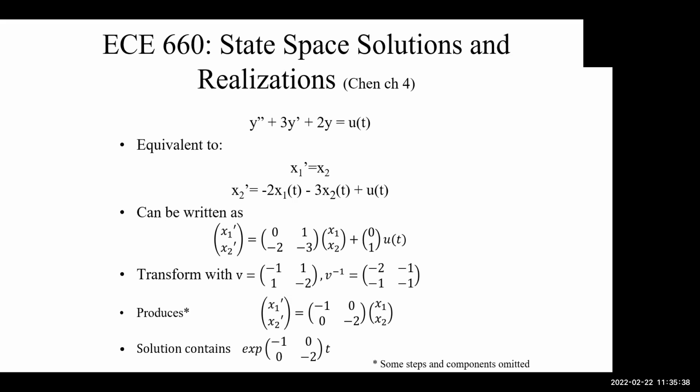If you take linear systems at any other university, it's offered in just about every electrical engineering department around the world. You can have a differential equation. Take a second order differential equation as the example here. You can write it as two first order differential equations, which can then be written in matrix form.